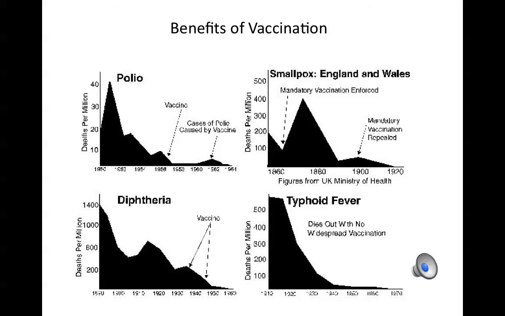In fact, by 1980, smallpox was totally eliminated from the face of the earth in terms of causing disease. Other diseases, polio, diphtheria, and typhoid, have also dramatically decreased in prevalence worldwide because of vaccines.